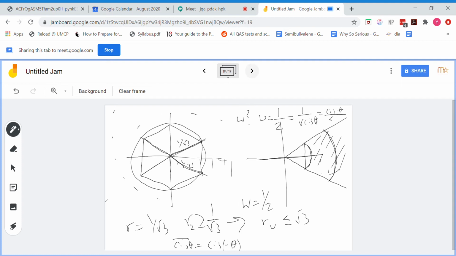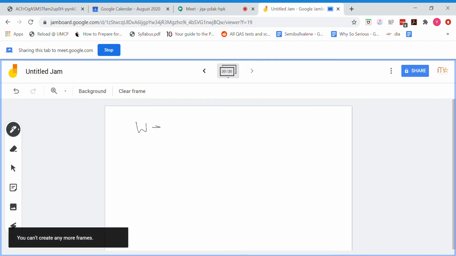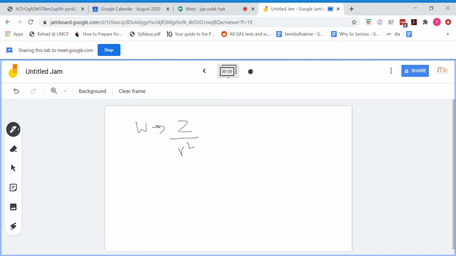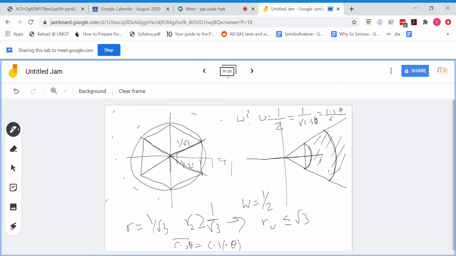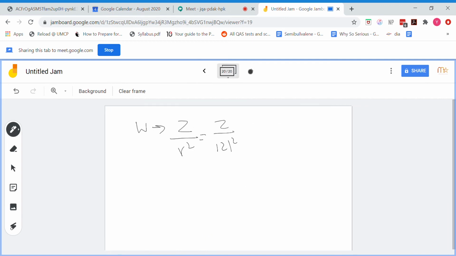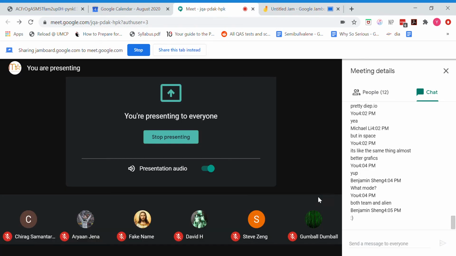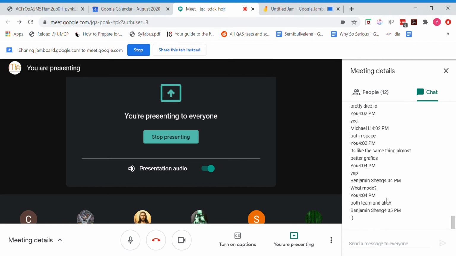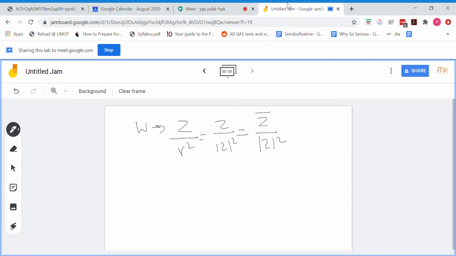So the point w really corresponds to taking z, dividing by r squared, and r squared obviously equals the magnitude of z squared, and then reflecting it about the x-axis. We have cis negative theta on the top, and so this is the same as z conjugate over the magnitude of z squared. So basically we're taking z conjugate, and then we scale it down by a factor of magnitude of z squared, correct? Okay, so now let's see where that takes us.